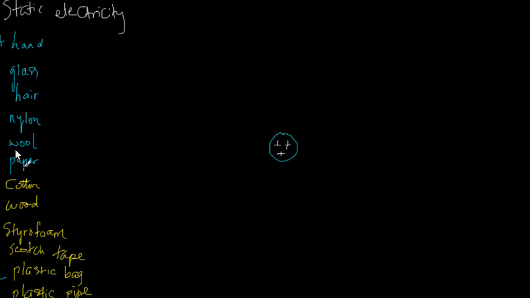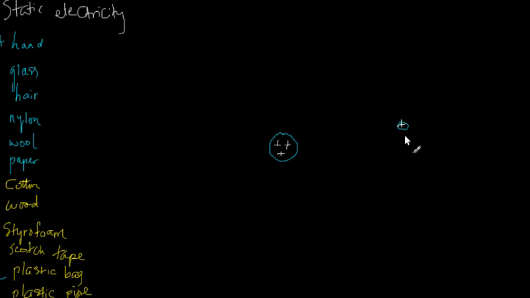Now what I'm going to do is this. I'm going to get another glass ball, maybe this time a smaller one. I'm going to rub my plastic bag on that ball as well for maybe a minute or so, and that would also give this smaller glass ball some positive charge.